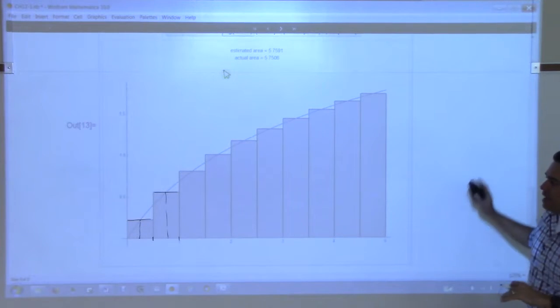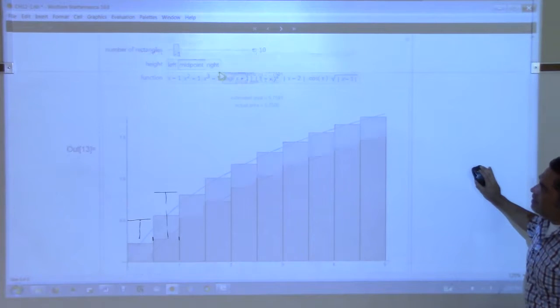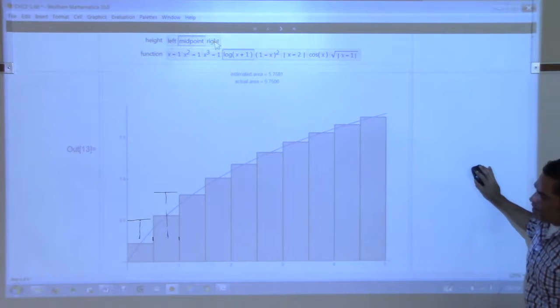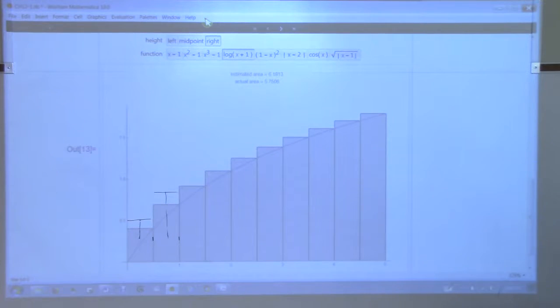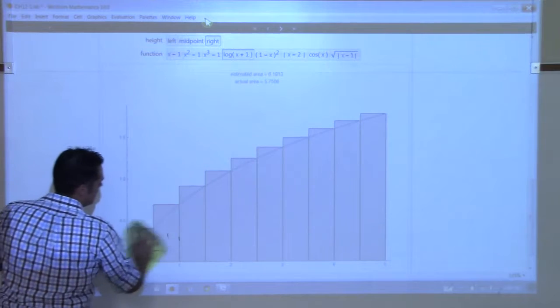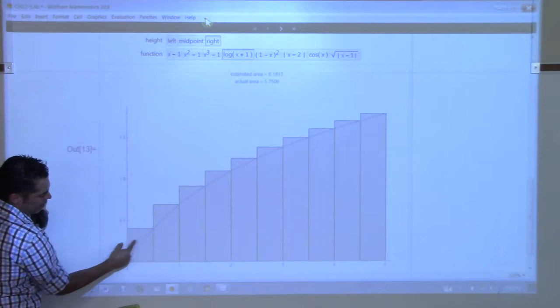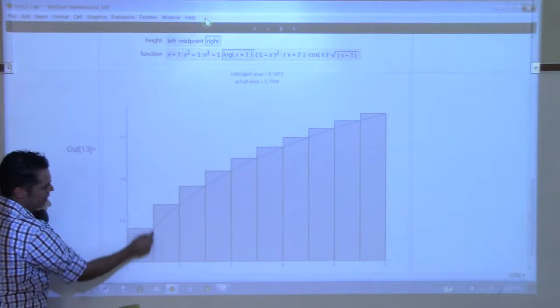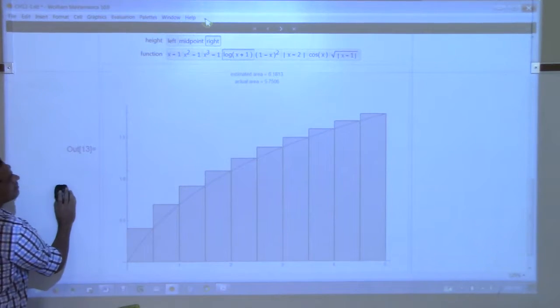In my classes, I don't talk about the midpoint method because it turns out that it doesn't matter how you do this. If you still break it up into 10 sections, and instead of going to the middle and up and across, you go to the right end point and up and across, it turns out that it doesn't matter.